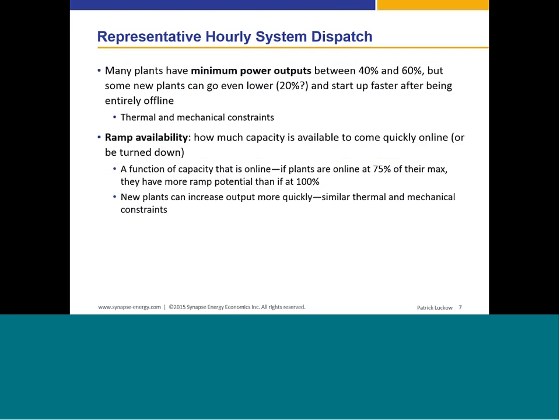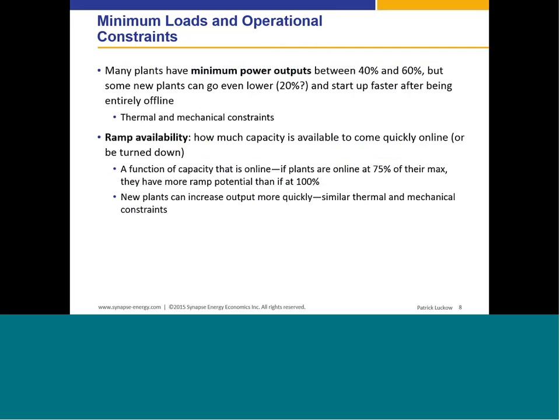So what are those two issues in a little more detail? The thermal power plants have minimum operating levels typically between 40 and 60% of their maximum capacity. They ramp up to that level after they've been turned on and can't operate below that level other than being shut down.